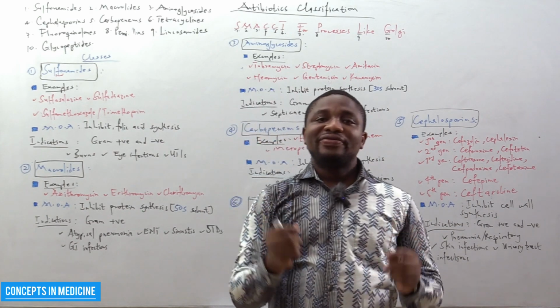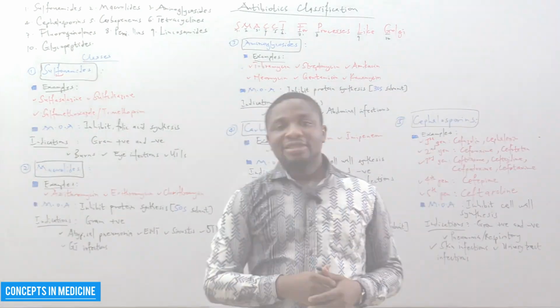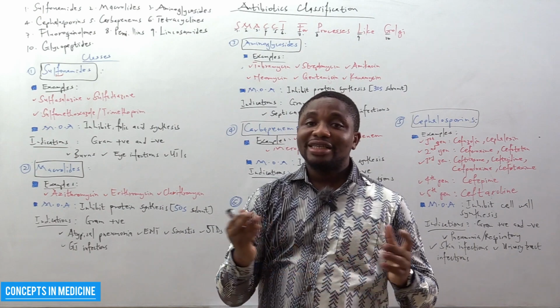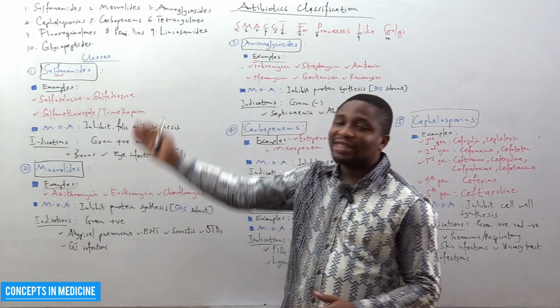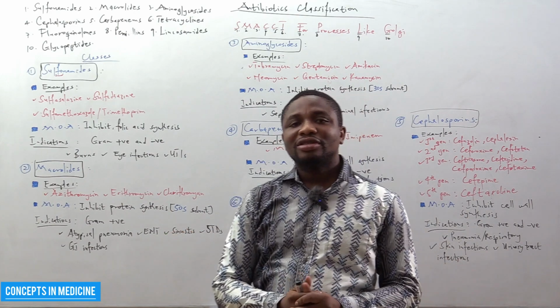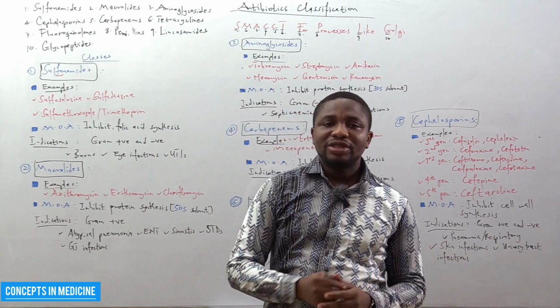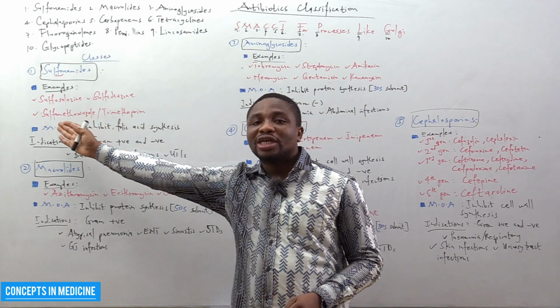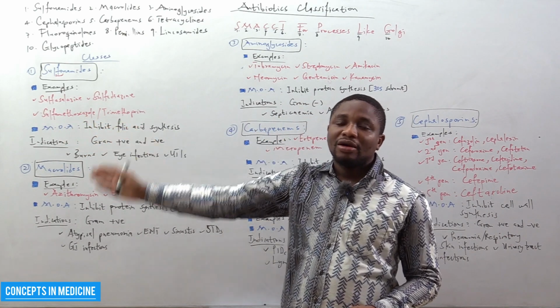We are going to start with the first class, that's the sulfonamides. The first thing we want to look at there is the examples. What are the examples? We have sulfasalazine, sulfadiazine, and very common is trimethoprim-sulfamethoxazole. I mean, we are looking at the sulfamethoxazole component especially. All right.